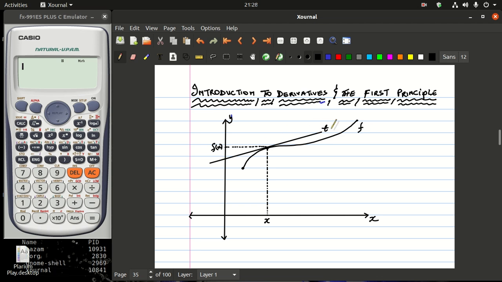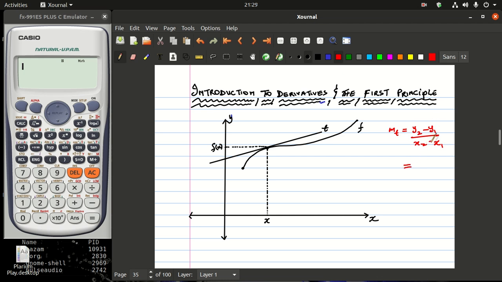This is a straight line, and when you are trying to look for the slope of a straight line, you know that you need to find 2 points, and the slope is going to be y2 minus y1 divided by x2 minus x1. So the slope can be found using this equation here. And if the points are given, you use that.